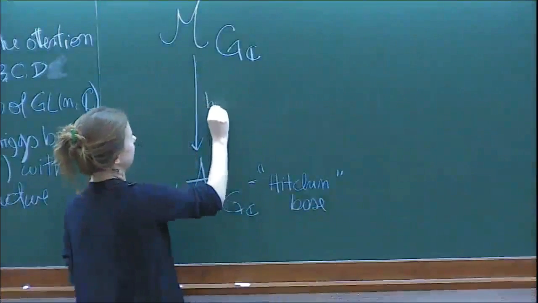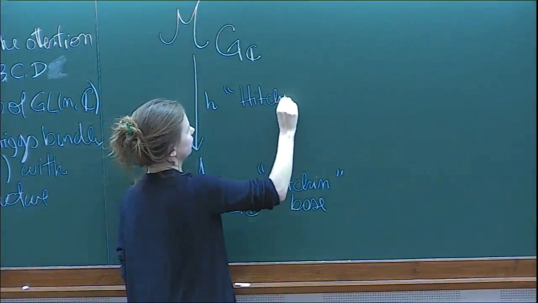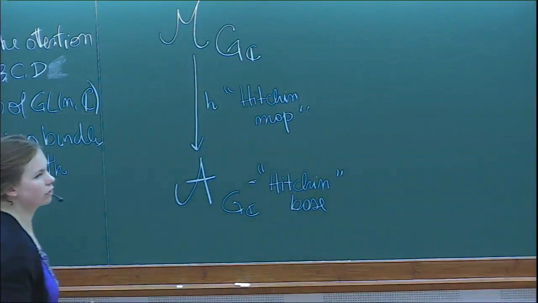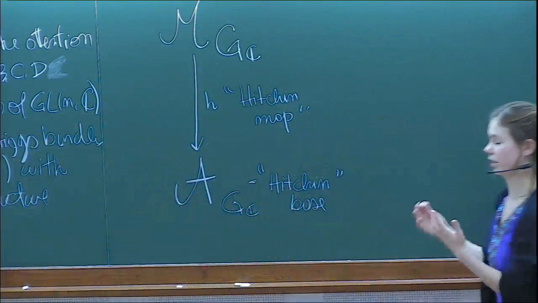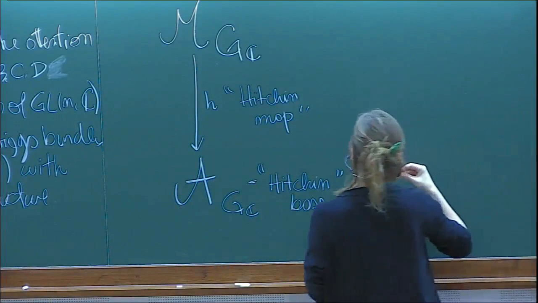And this is going to be our Hitchin map. And now I'll tell you how to obtain it. So for any of the groups that we mentioned before, we can take the ring of invariant polynomials, and we can select a homogeneous basis.